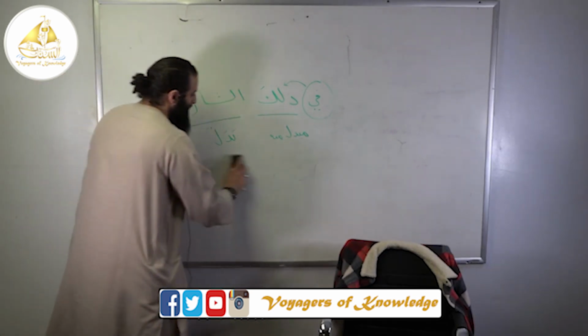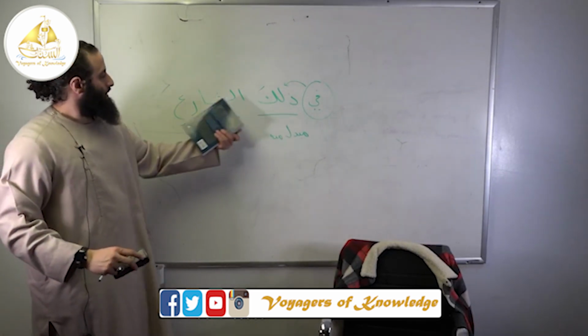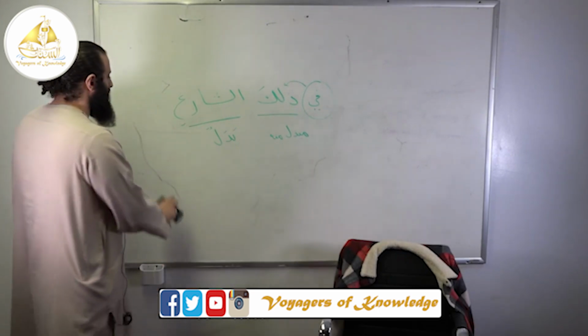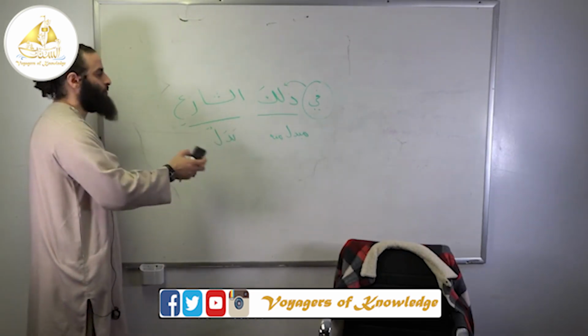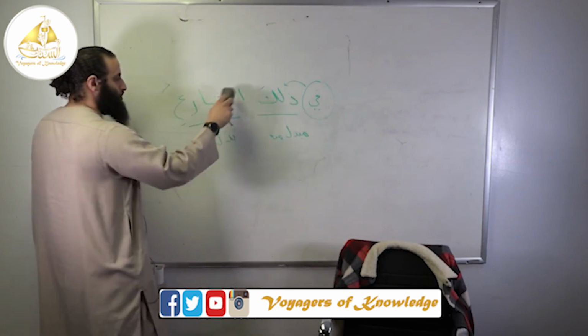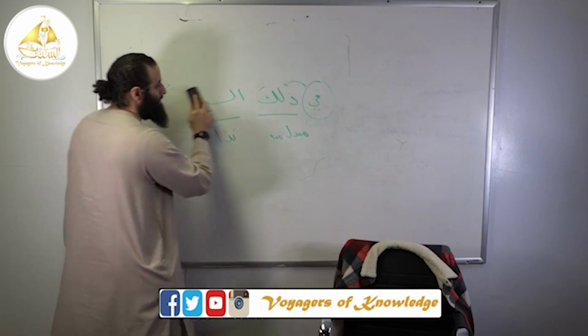So ism al-ishara, and then a word that has alif and lam, you're going to get a badal there. This is not our lesson, and we'll take it at a later time.